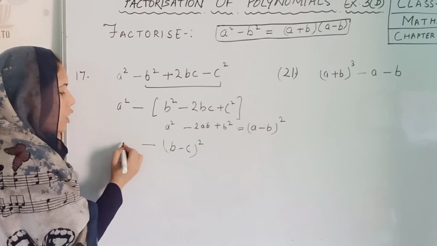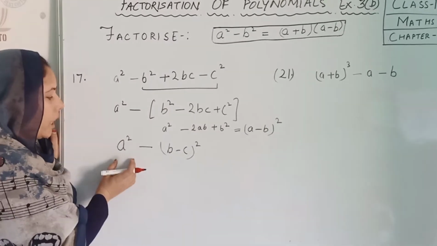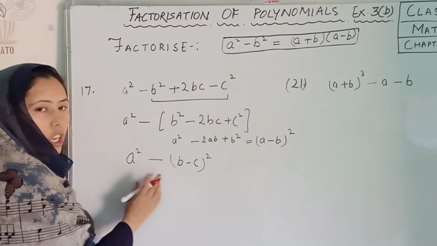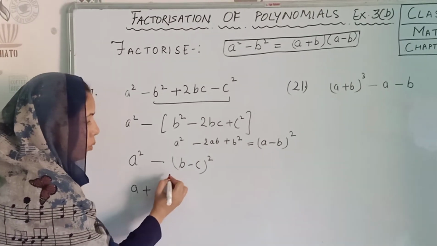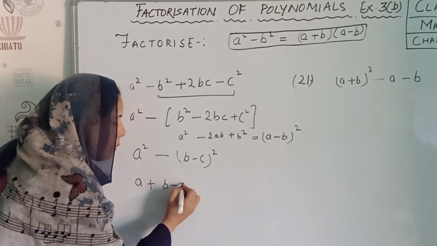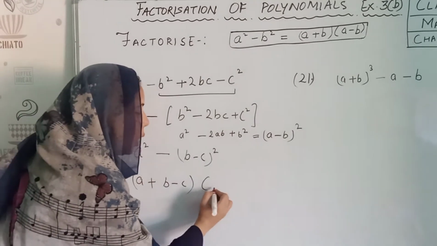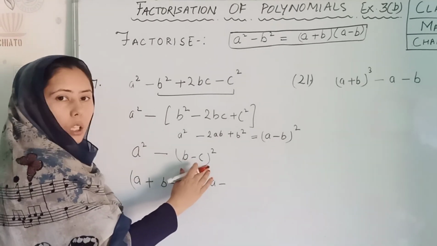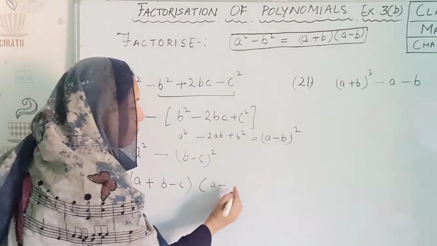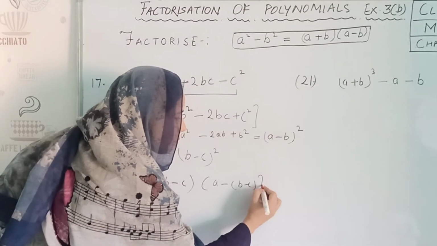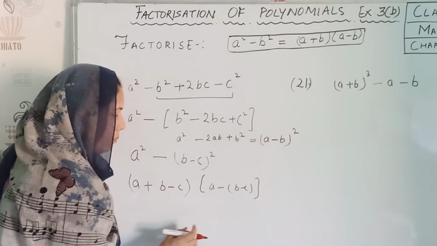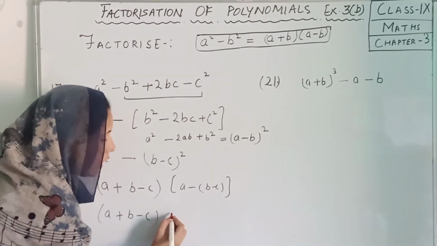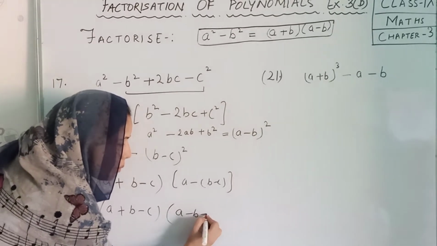Minus stays minus, a square stays a square. Now this is in the form of a square minus b square, so its answer is (a plus b)(a minus b). A plus b, b is b minus c. In a minus b, you have to be careful, because if minus is outside, when you open the bracket the signs inside change. Minus bc stays the same in a minus b, but when you multiply minus inside, here you will get a minus b plus c.